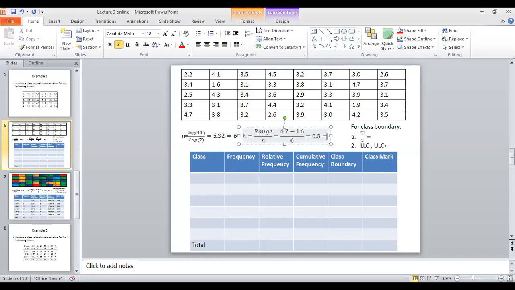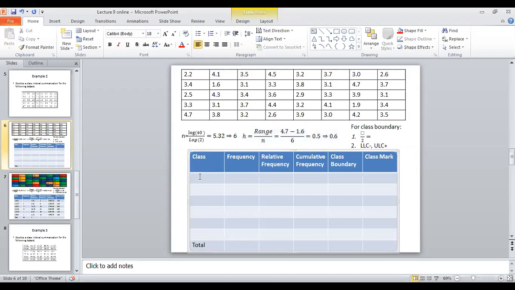In order to find the class height, this would be equal to 0.6. So we have to round up the first value after the decimal to the higher number. So 5 would be rounded up to 6, and this would become 0.6. So this would be our class height, right? And class width would be 0.5. So remember this: the class width would be 0.5, the unrounded figure, and the rounded one, 0.6, would be the class height. So let's start making our classes.